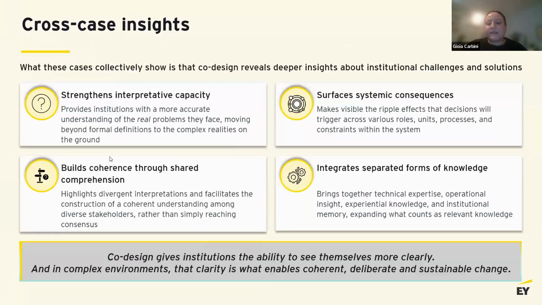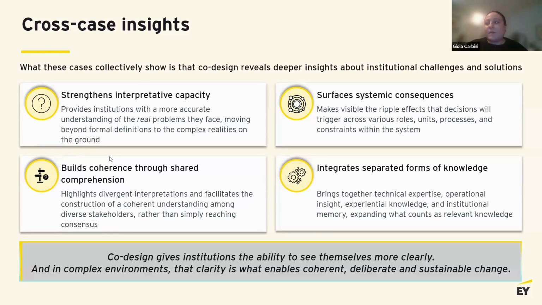And so I think that this experience collectively demonstrates that the value of co-design emerges at two levels. From one side, the quality of the collaboration itself, and what such collaboration enables institutions to learn about their own reality, their own systems, and their own decision-making processes.